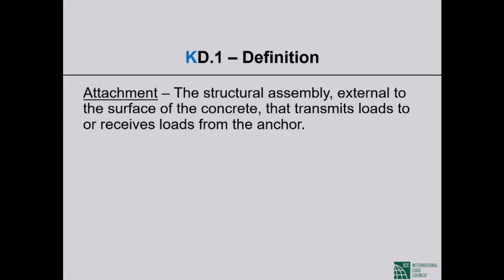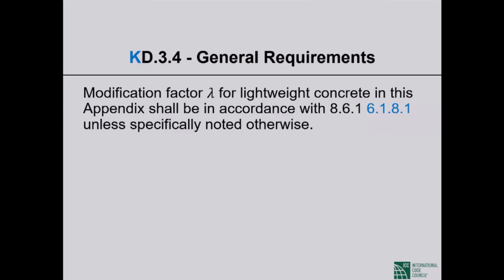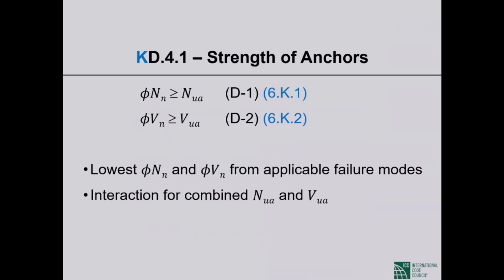Attachment, the term that we used, the definition is a structural assembly external to the surface of the concrete that transmits loads to or receives loads from the anchor. So a base plate is a very good example of an attachment. The modification factor lambda for lightweight concrete comes from the main body of chapter 6, and the section number is given.